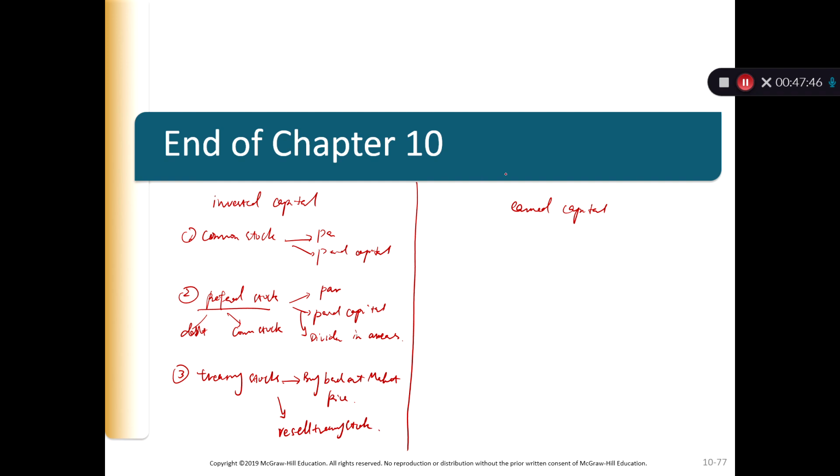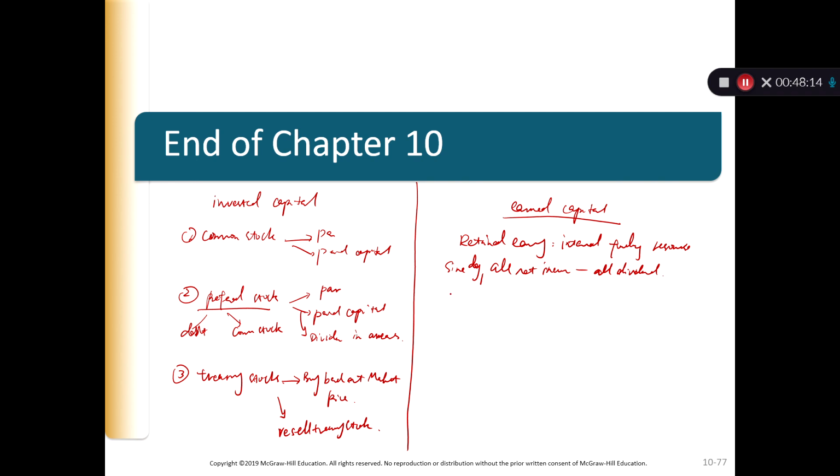And then in terms of earned capital, we talked about retained earnings, right? So what is retained earnings? It's the internal funding resource. We said it equals all net income minus all dividends since day one.